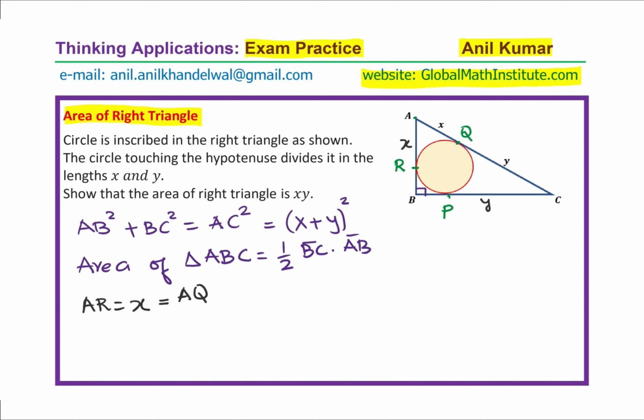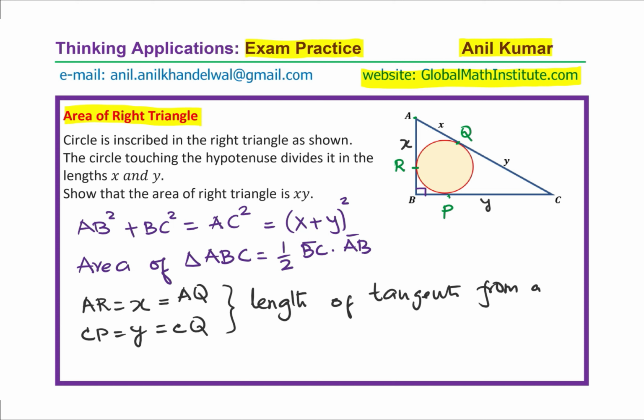And the length C to Q, which is CP, is equal to y, which is same as C to Q. Because we have the length of tangent from an external point to the circle, correct? From a point. So that is another theorem which actually helps to find this relation. Now that's not difficult to prove if you don't know about it.